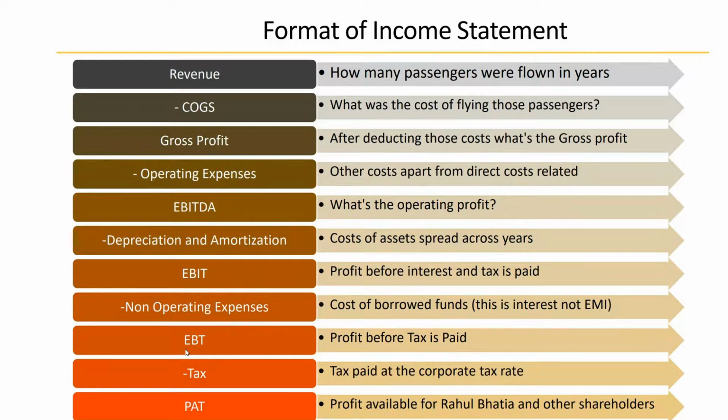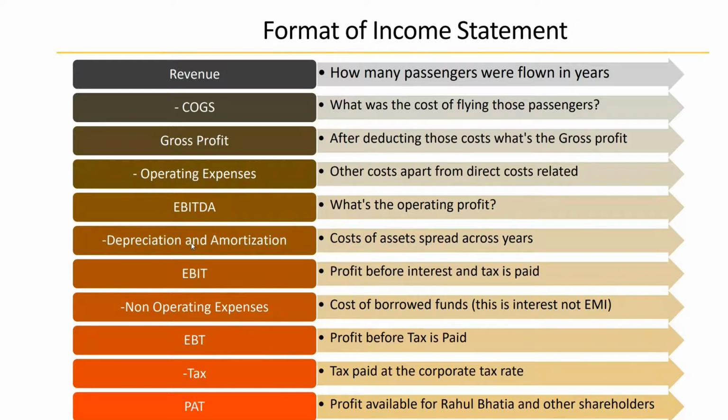Here you need to analyze and identify what is your revenue, what is my COGS, what is my gross profit, what is OPEX, operating expenditures, and what is my EBIT. For that, I need to minus depreciation and amortization.